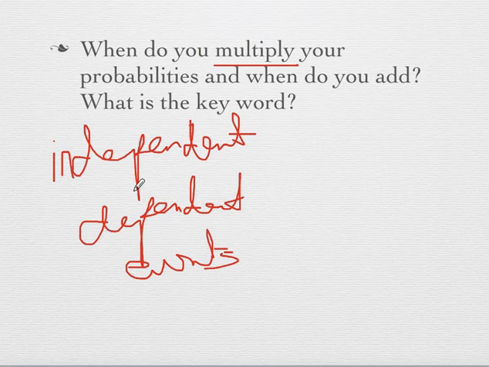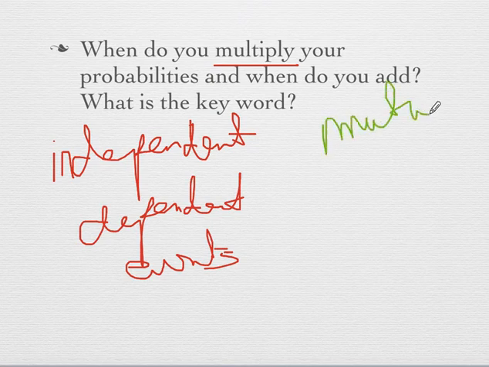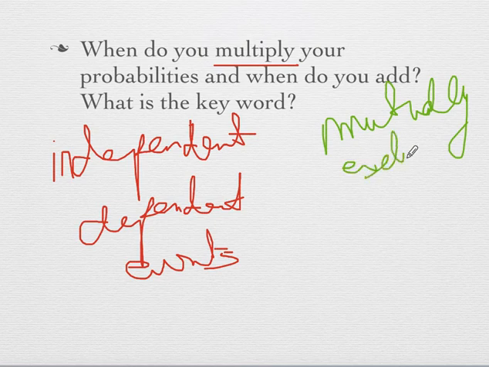So what about the other type of probability? You need to add for the mutually exclusive events. And what are those keywords? The keyword for the mutually exclusive event is the word or.